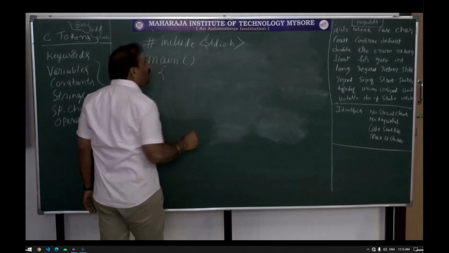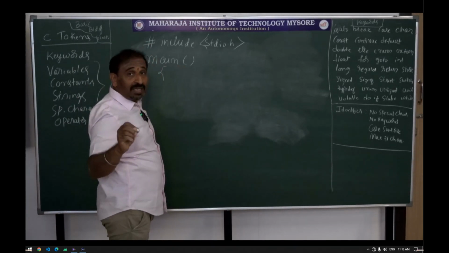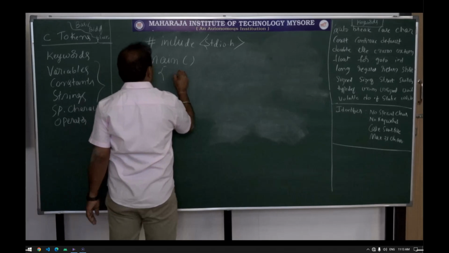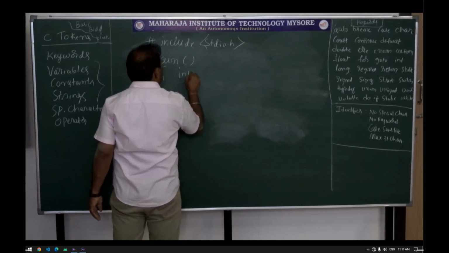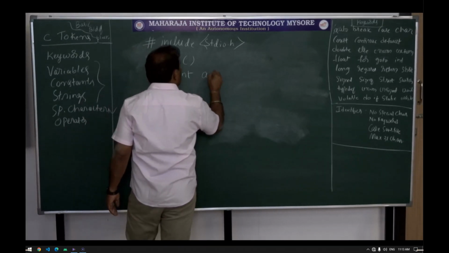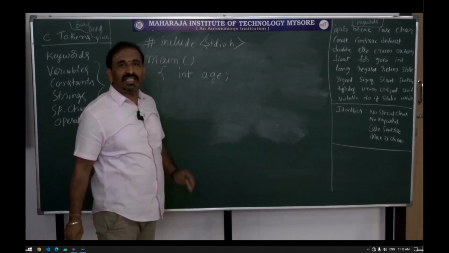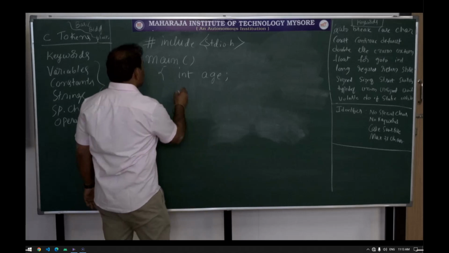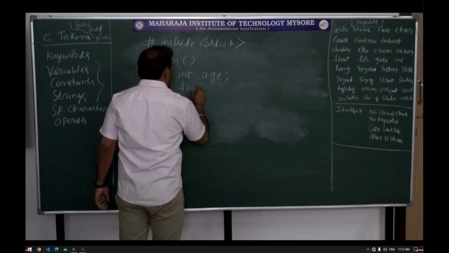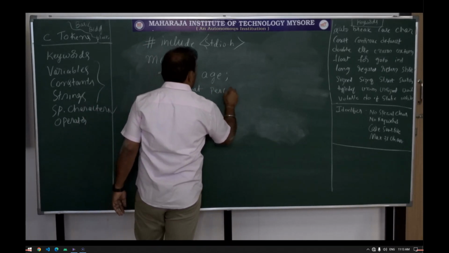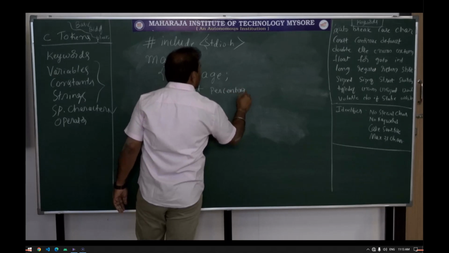So here I am declaring certain variables and I am trying to print. Say, for example, integer age. Age is an integer. Float percentage.